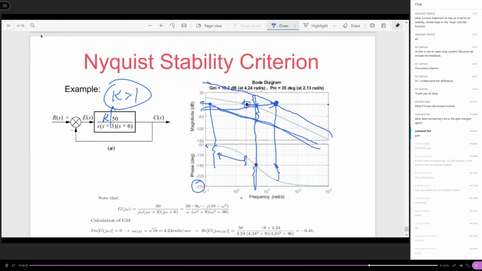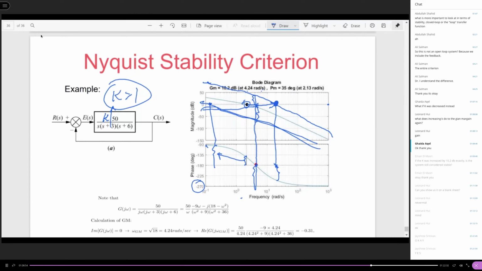I don't care about the stability itself. I only care about how the stability is going to be affected if I change the K, right? Well, yeah, you need to recalculate.